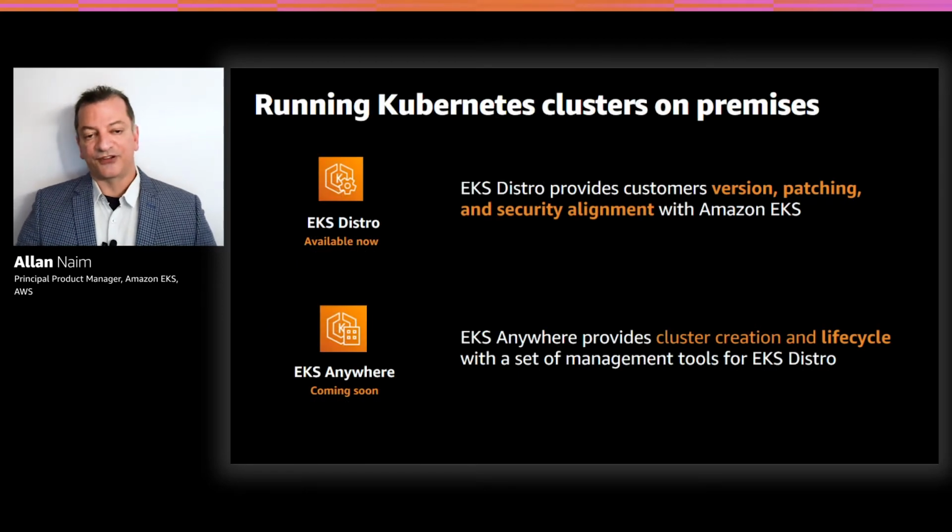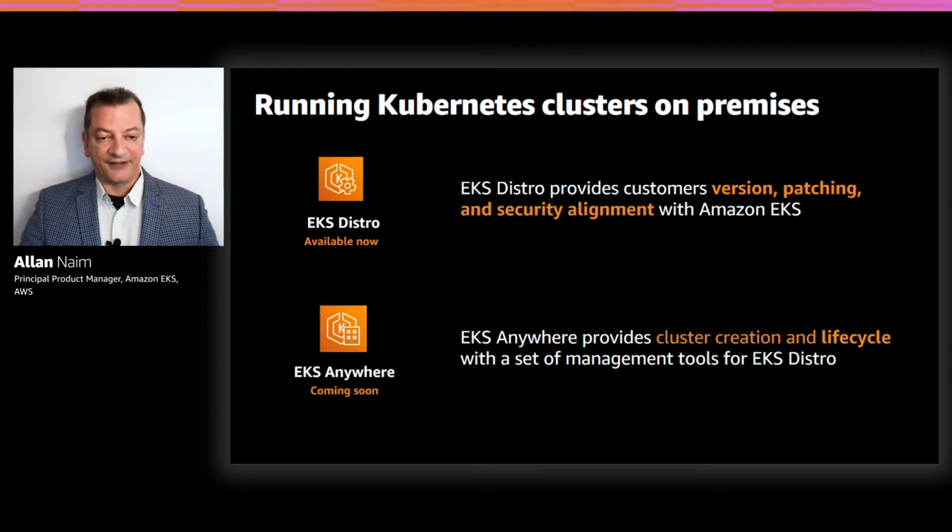To help our customers address these challenges, we made 2 announcements this week. The first announcement is the EKS Distro, which is the same conformant upstream Kubernetes distribution used by Amazon EKS to create reliable and secure clusters.